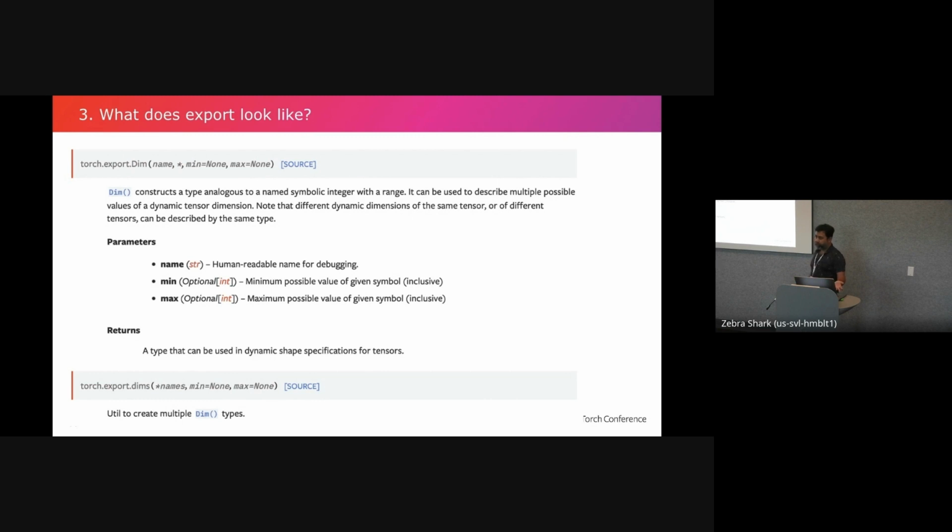Or maybe it's fine as long as it's between 16 and 512. Our API allows you to create dimensions with min and max values, so you can declare that and you'll be fine. If you don't, then we will give you exactly the line to fix in your code, so you just copy paste that suggestion and you should be fine. We're trying to make it easy for you to export your code.